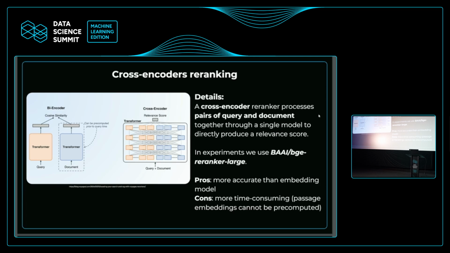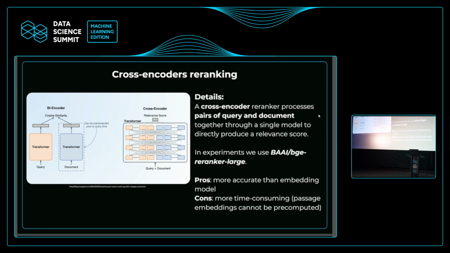One of the model classes that performs really well for this problem is the cross-encoder re-rankers. In contrast to the bi-encoders, which encode the query and the documents separately into dense vector embeddings, the cross-encoders take both the query and the document as an input and pass them to a single transformer model, and they generate a relevance score.